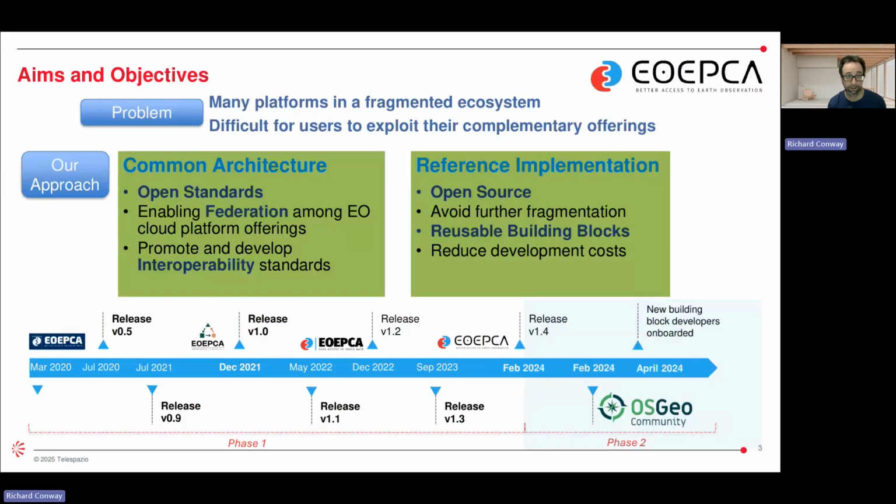And then building on that architecture, we have also built a reference implementation of that architecture, which comprises a number of open source components which are designed to be reusable. So these are reusable building blocks. And the motivations there are to avoid fragmentation, but also to facilitate platform providers with a ready-made solution, and so to reduce development costs.